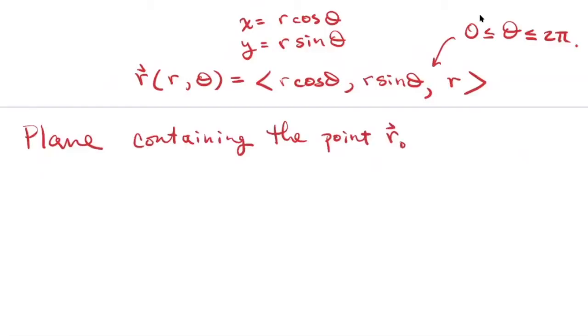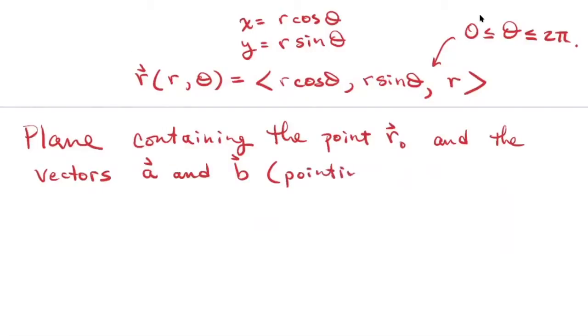So the point r0, an initial point, and the vectors a and b that are, basically a and b have to point in different directions, or it won't work. If they point in the same direction, this plane will not be a plane, it will be a line.